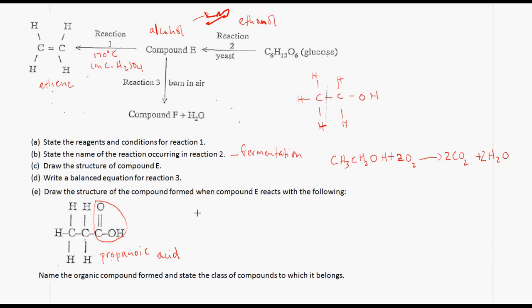So you're going to react this compound with the alcohol, so you're going to produce an ester. So what we'll do is draw the propanoic part first, so I've drawn the ester linkage.